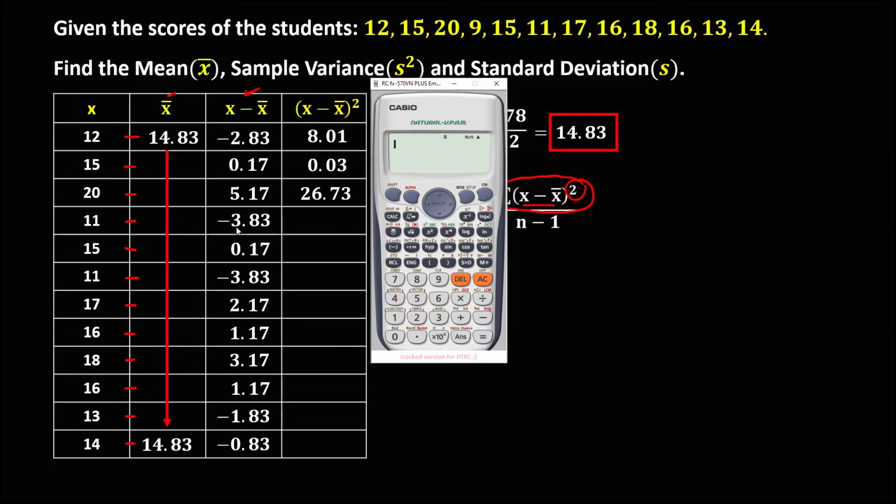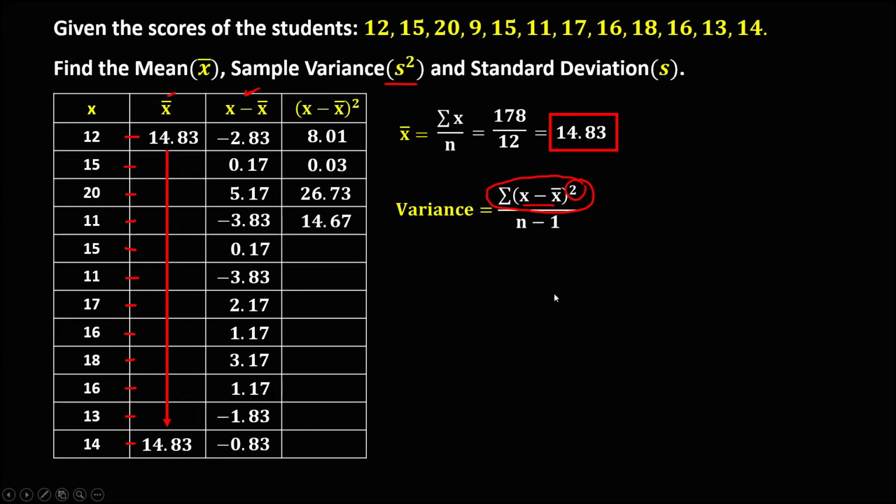Then for negative 3.83, again you can ignore the negative, so 3.83 to the power 2 is 14.67. Then 0.17 to the power 2 is 0.03. And 3.83 to the power 2 is 14.67.